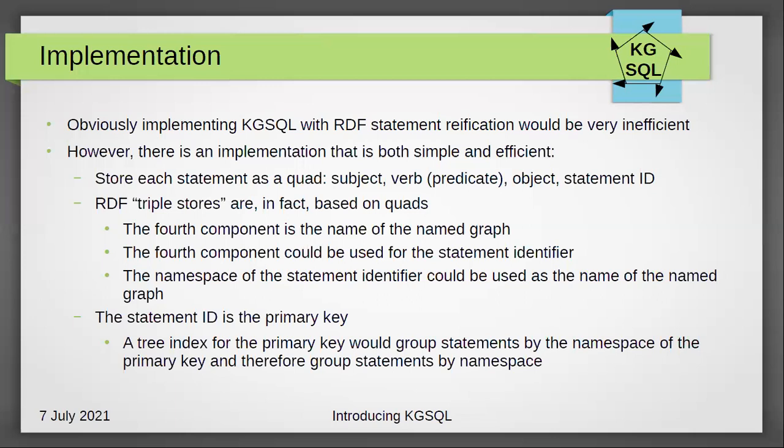Roughly speaking, what you're doing is saying that every statement is its own named graph. Well, but this doesn't actually eliminate the possibility of using that last part for specifying named graphs.